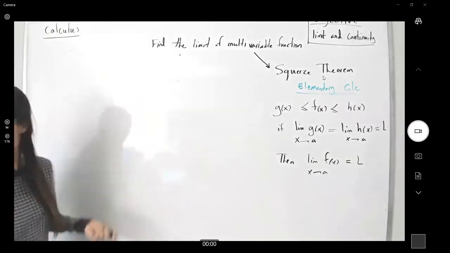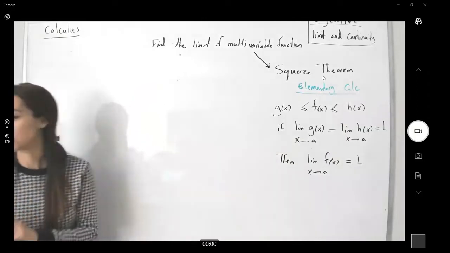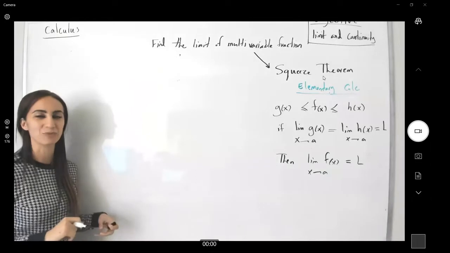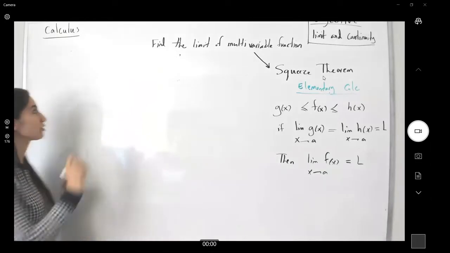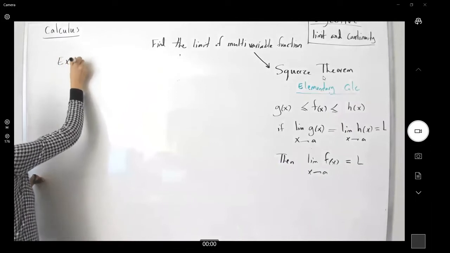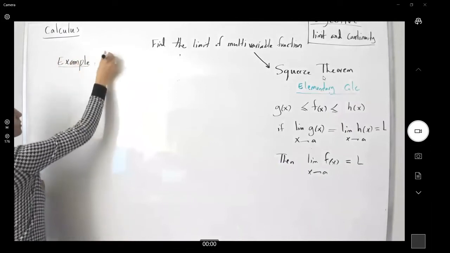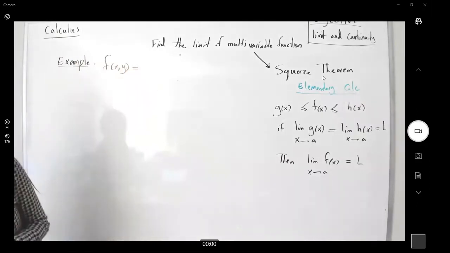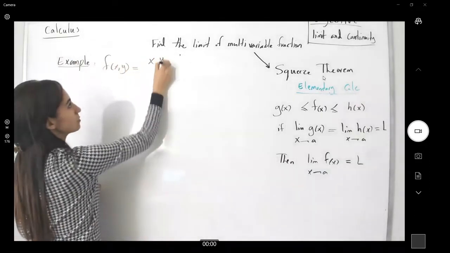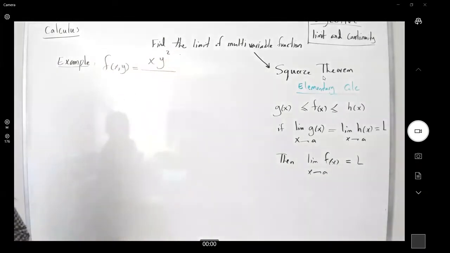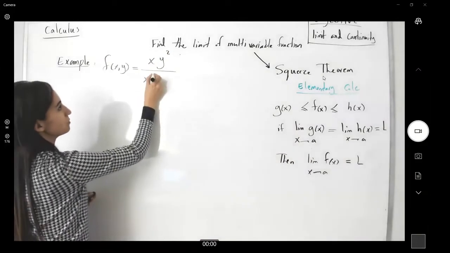Suppose you have this function here. This is a function that we went over last week, where we used parameterization. Let's take a look at this example. Suppose f of x and y is defined as x y squared divided by x squared plus y squared.